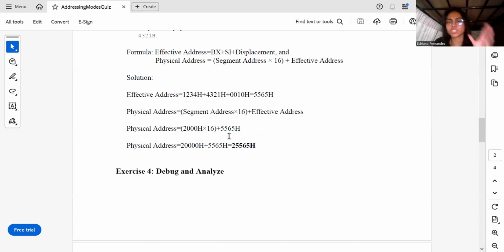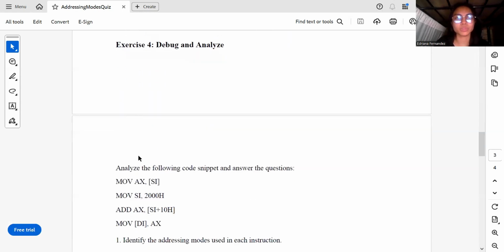To further explain how we get this final answer, the effective address is calculated by adding BX, SI, and the displacement. Then the segment address is multiplied by 16 and added to the effective address to get the physical address. So yeah, now we can move on to our exercise 4.